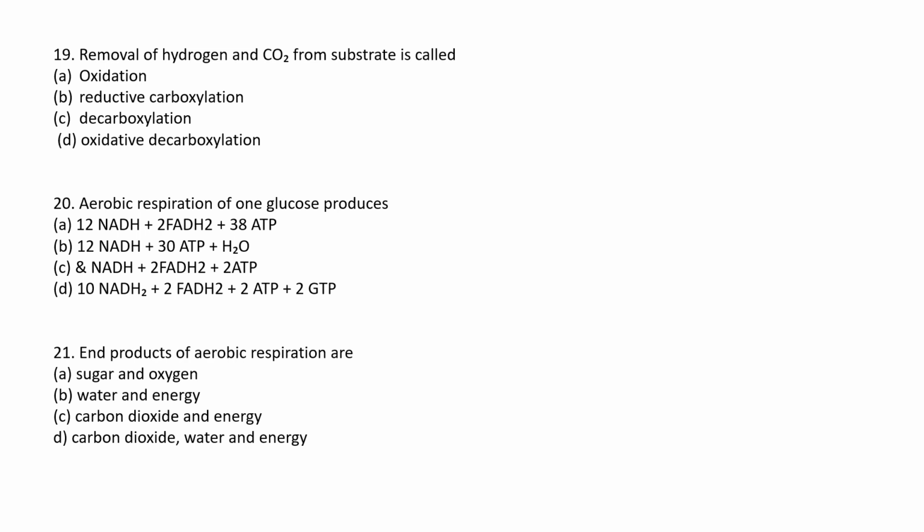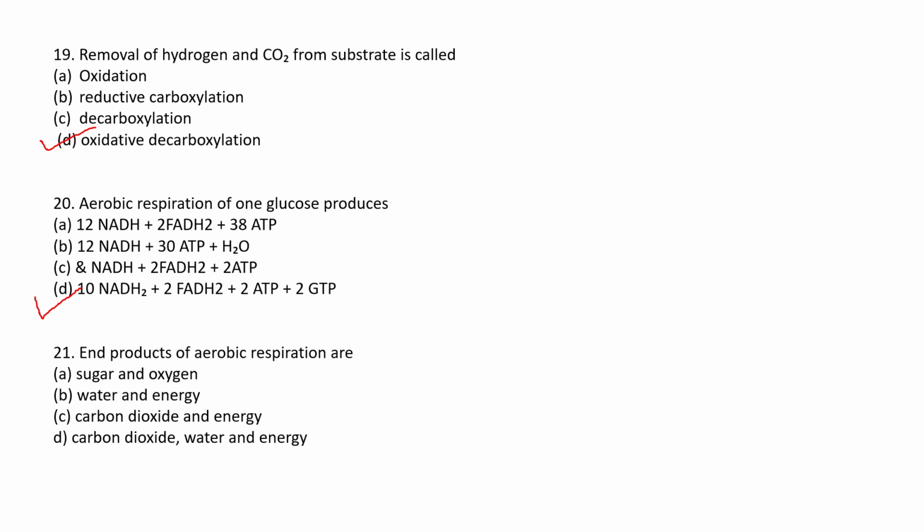Next, removal of hydrogen and carbon dioxide from substrate is called oxidative decarboxylation. Option D. Anaerobic respiration of 1 glucose produces 10 NADH2 plus 2 FADH2 plus 2 ATP plus 2 GTP.